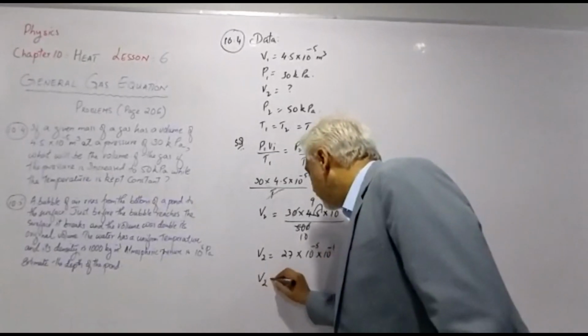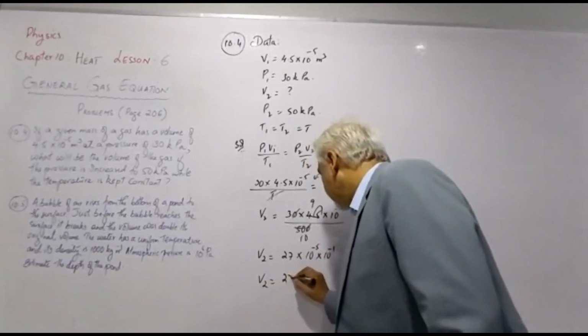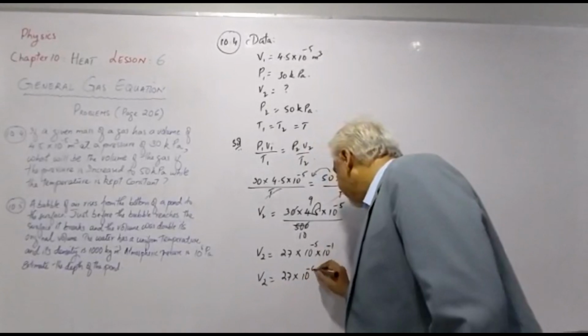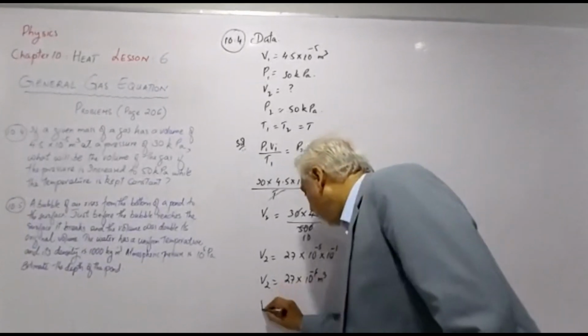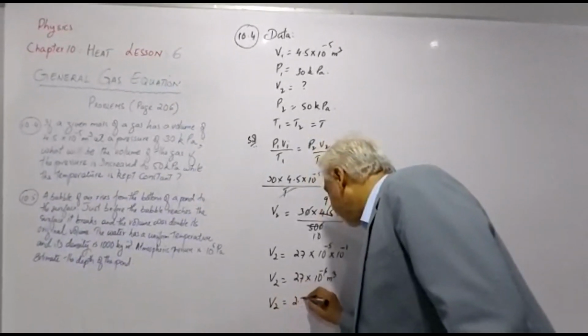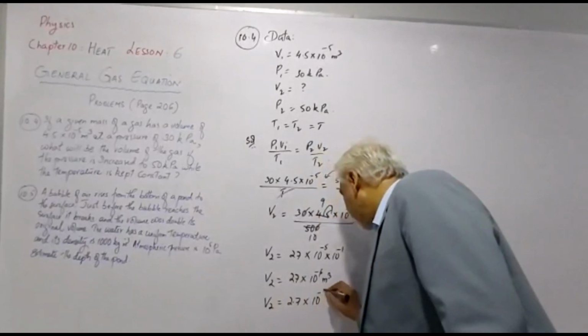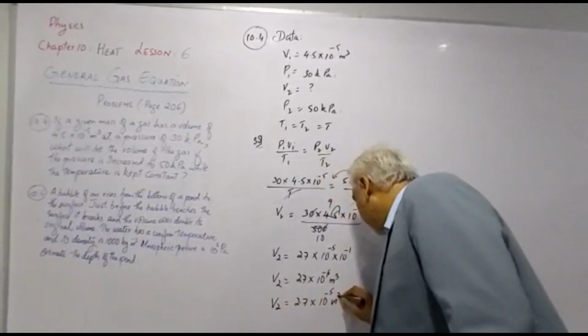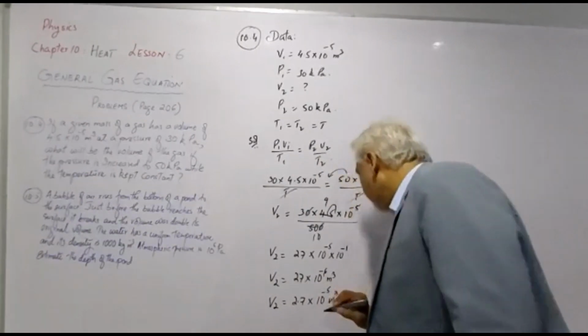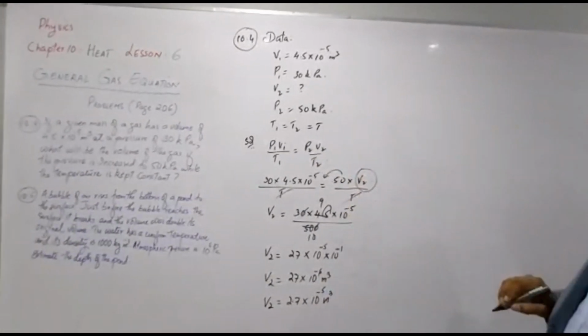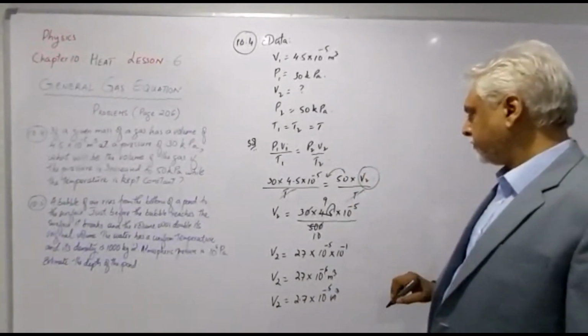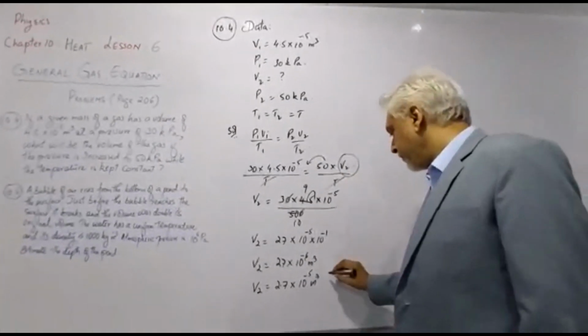We can write V2 as 27 times 10 to the power minus 6 cubic meter, or final volume is 2.7 times 10 to the power minus 5 cubic meter. So this is the answer.